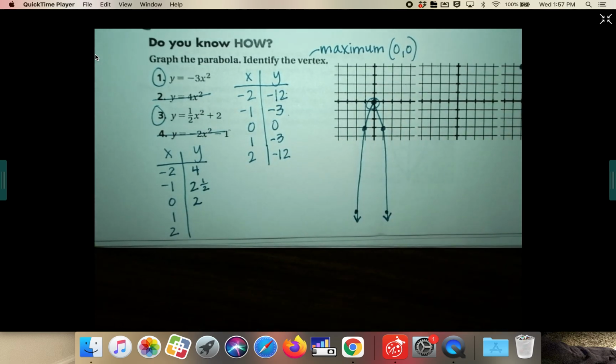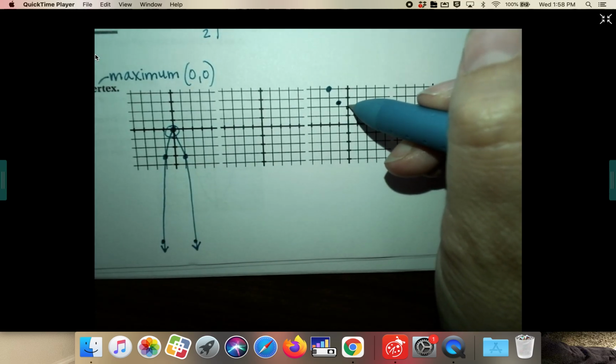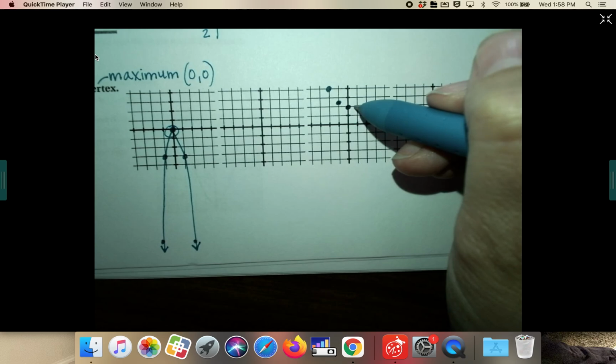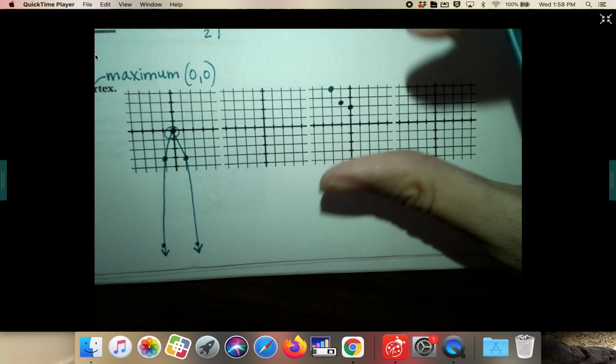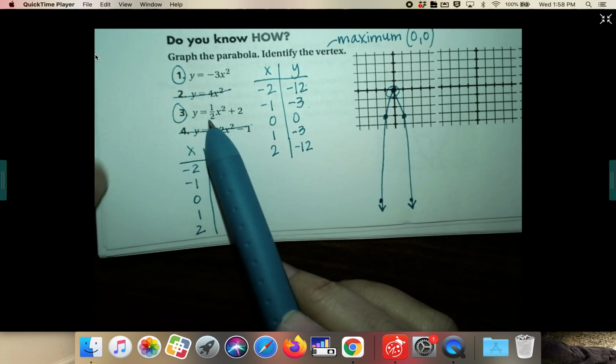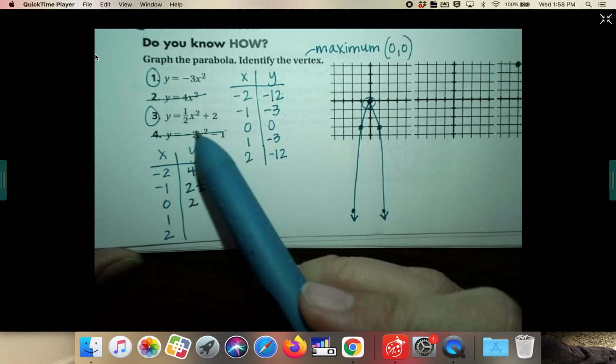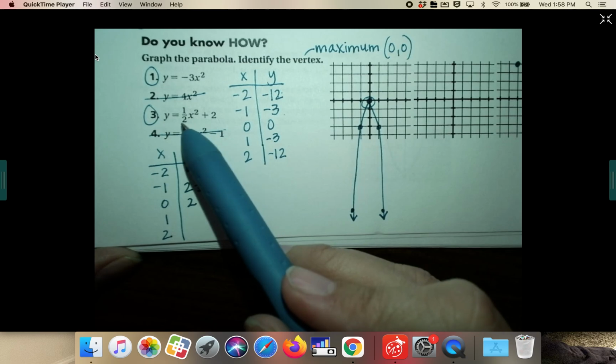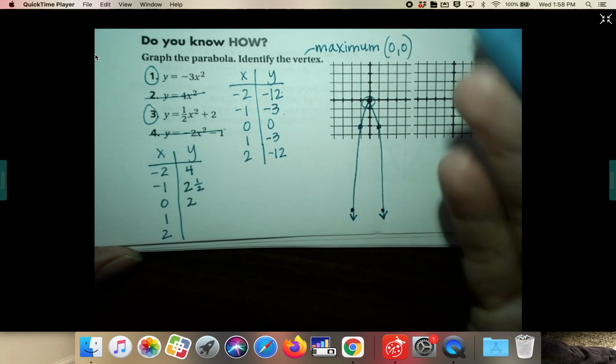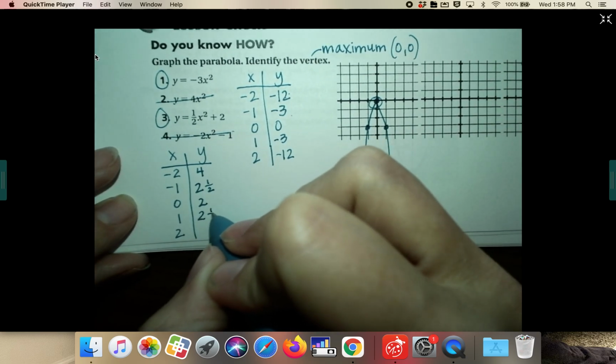So we need to put a dot at 0, 2. So go 0 up 2. Ooh, this is squashed. I hope you guys see that that's going to be a little rounder, a little flatter, because it's half. Okay, and then let's try 1. 1 squared is 1, times half is half, plus 2 is 2.5, so here's where it's going to open itself back up.